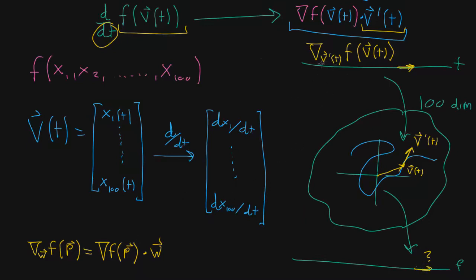It says you take a nudge in the direction of some vector. In this case, I wrote v prime of t over here. More generally, you could say any vector w. You take a nudge in that direction. And more importantly, the size of v prime of t matters here. If you're moving really quickly, you would expect that change to be larger. So the fact that v prime of t would be larger is helpful.